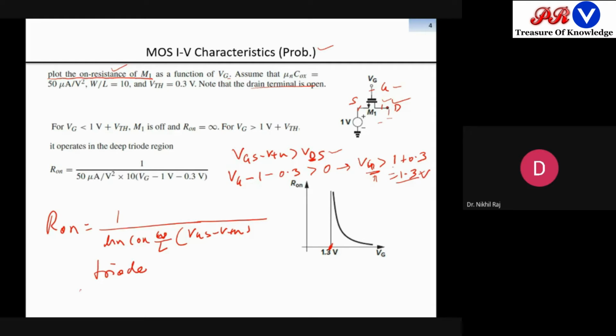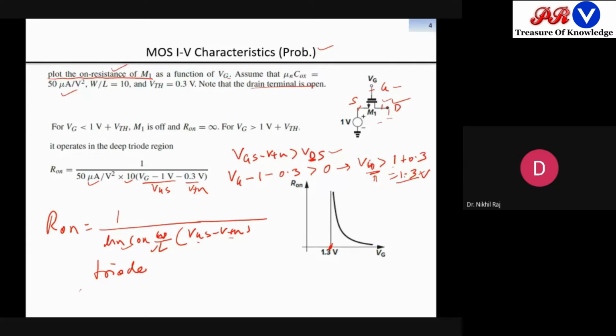Now how will the curve go? To calculate that, we'll substitute the values: mu and Cox are given here, then W by L is given. VGS minus VTH, so VGS is VG minus 1, and this is your VTH. Now here VG is unknown, since we are modulating VG.